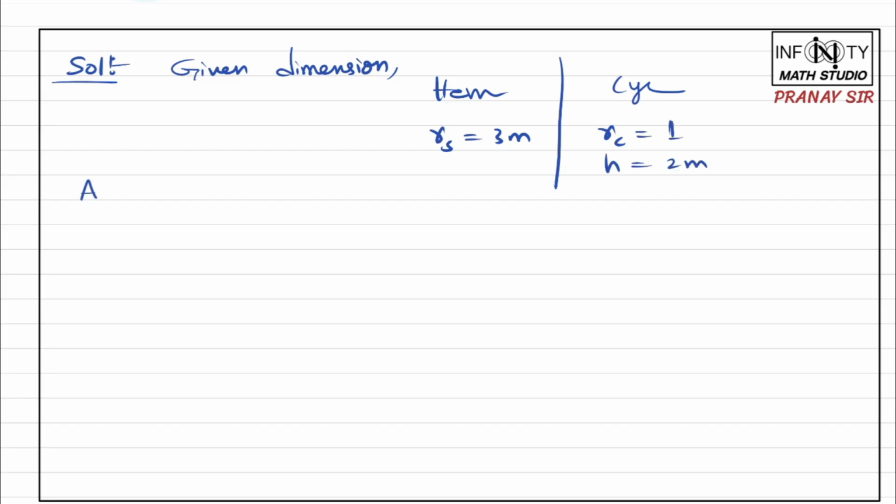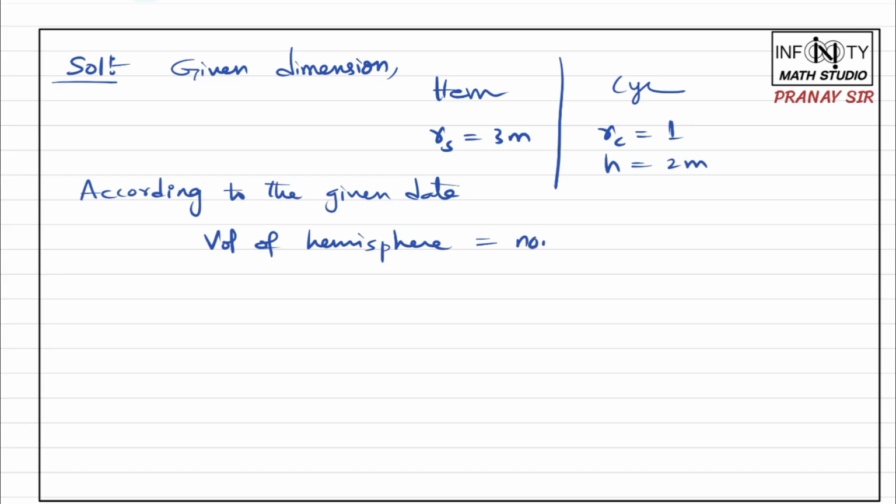Next, according to the given data, what do we write? Volume of hemisphere is equal to the number of cylinders into the volume of cylinder. So this is the explanation.